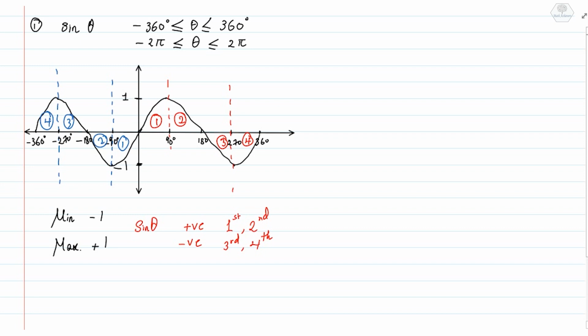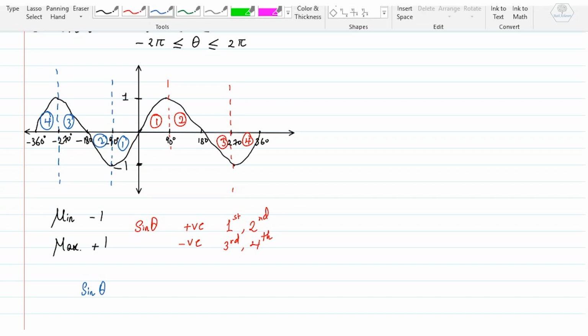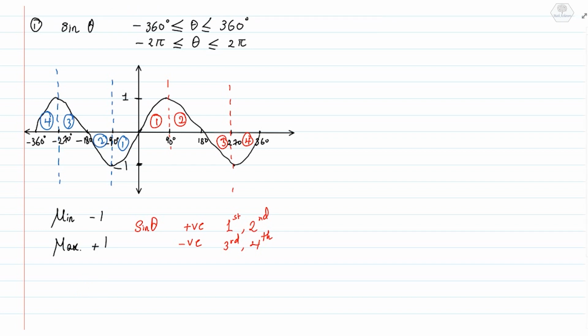Due to this, we can conclude that sine of negative theta is equal to negative sine theta, because in the negative part, it's reflected.